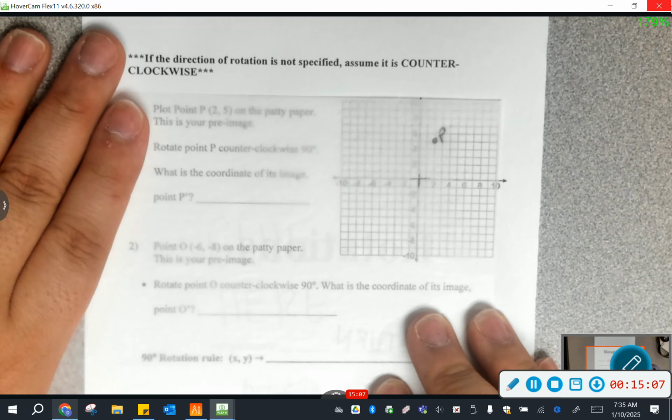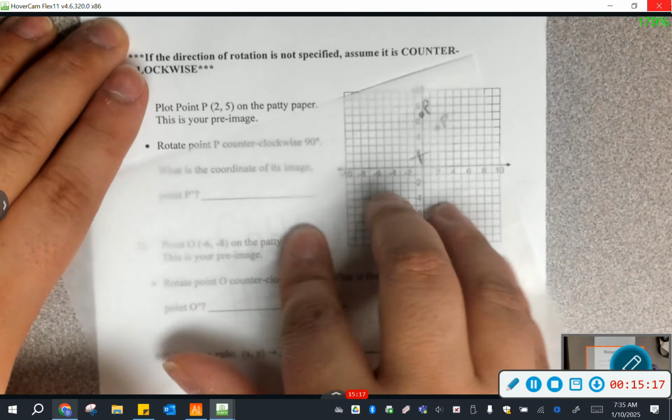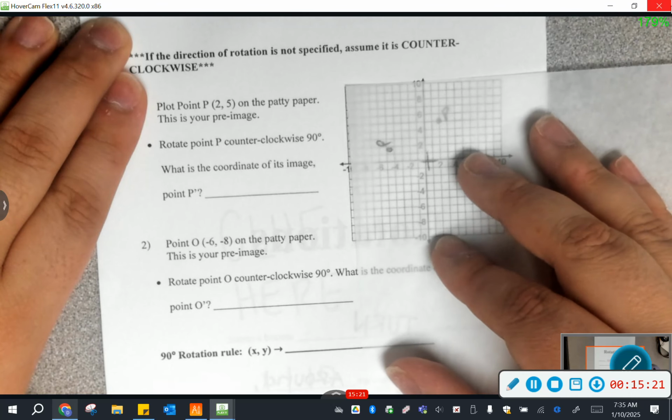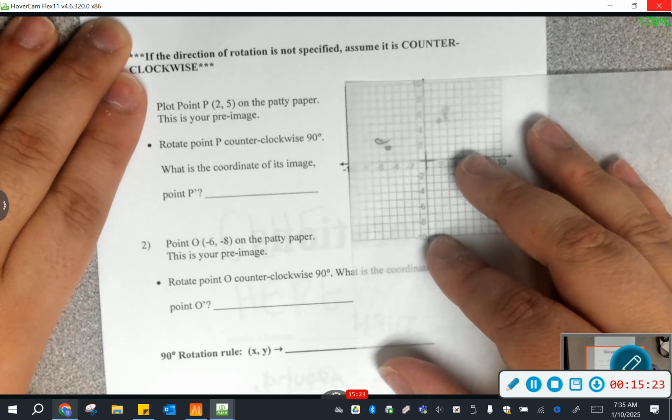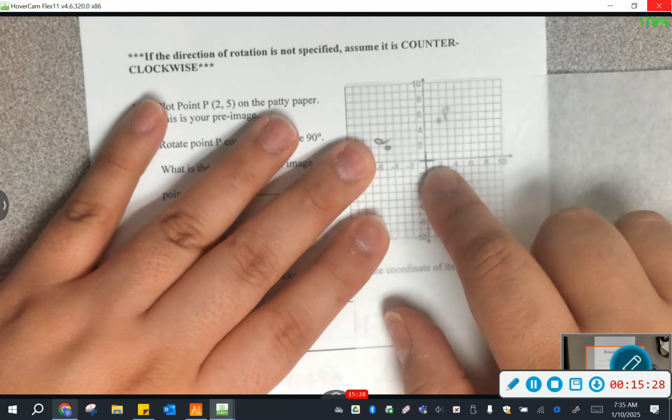Next, I need everybody to look up. What I now want you to do is turn this patty paper one time. That is rotating 90 degrees. Please turn your patty paper one time and make sure the origin matches up.